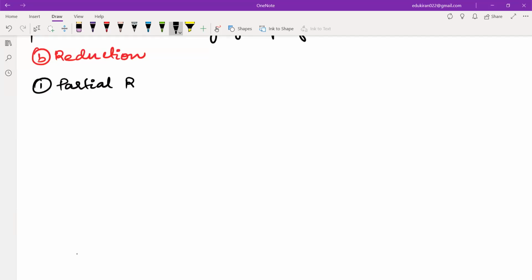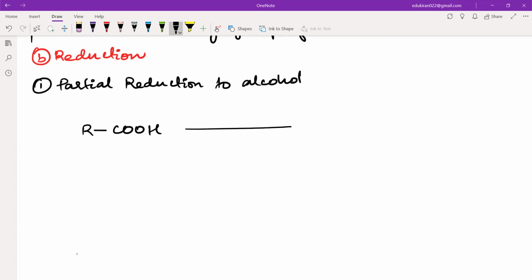So number one, I will write partial reduction to alcohol. In this, we'll be using a reducing agent. You will have RCOOH. Now you can use multiple reducing agents, such as lithium aluminium hydride.